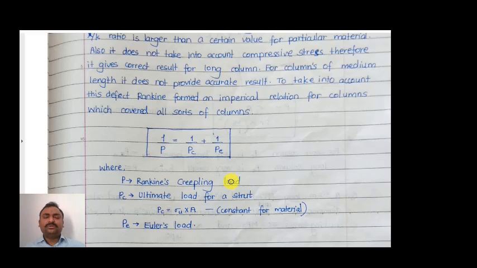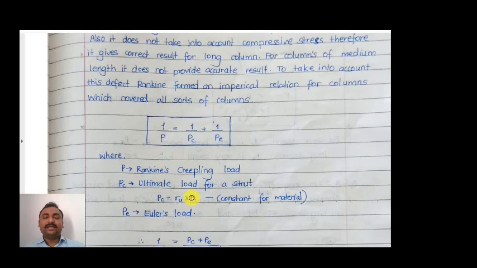So the short column will fail, and the failure of the short column is nothing but by crushing, as in long column the failure of the column is by buckling. Getting my point? So P is Rankine's crippling load, PC is ultimate load, and it can be determined by using ultimate stress into cross sectional area. PE is the Euler's load.